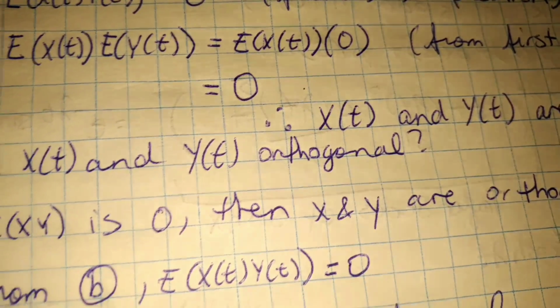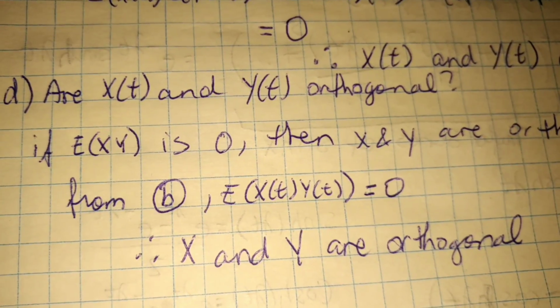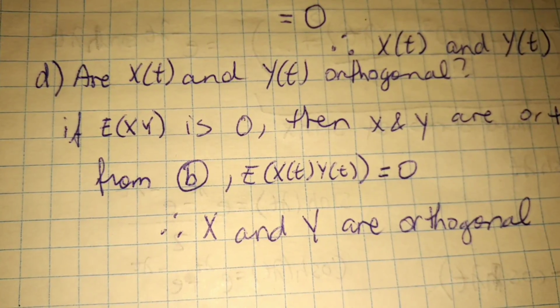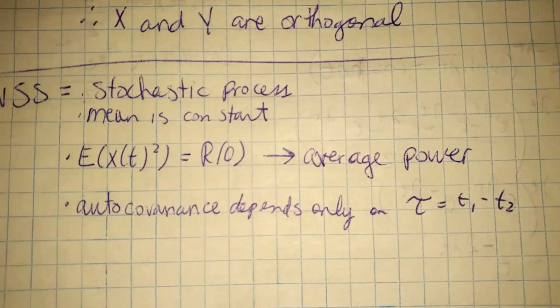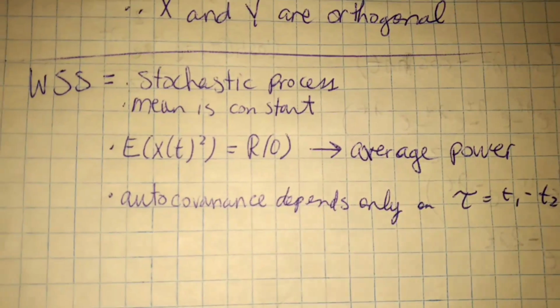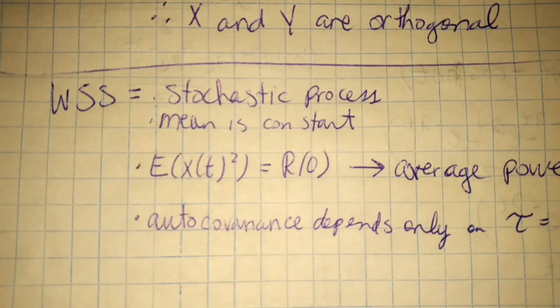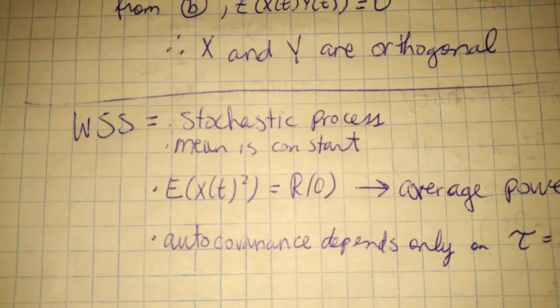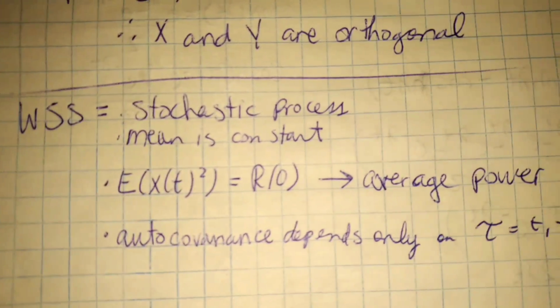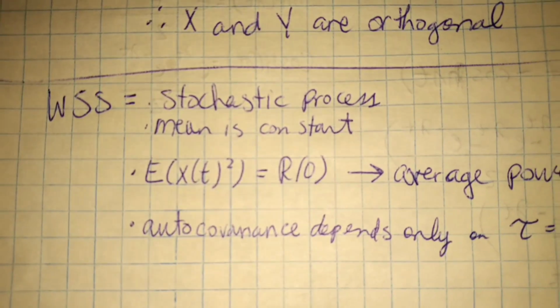Some other properties of wide sense stationary processes are that it's a stochastic process, which means that it's random. The mean of the process is constant, so it's not dependent on any variables, specifically t.